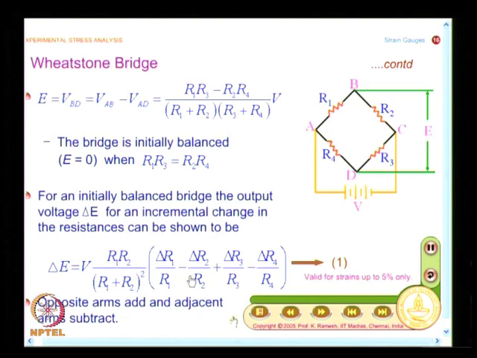What you will have to keep in mind here is, I have labeled it in a cyclical fashion R1, R2, R3, R4. This sequence has to be maintained in this expression also.